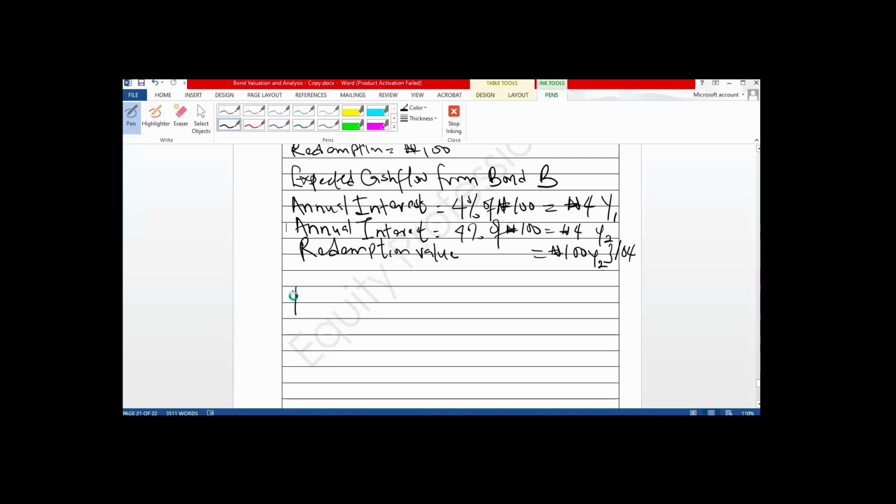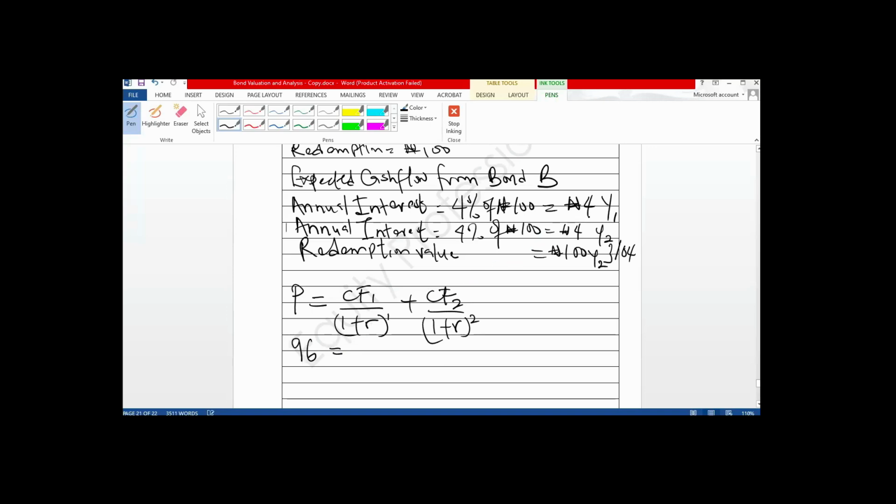Then we say the price of bond B is equal to the cash flow in year one over 1 plus R in year one raised to power 1, plus the cash flow in year two over 1 plus R raised to power 2, because we are using spot rates. The price of bond B is 96 naira.